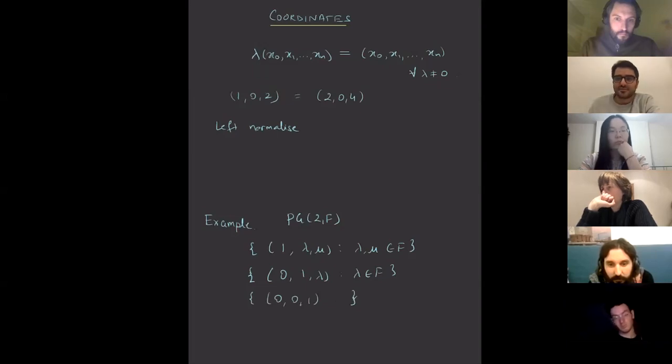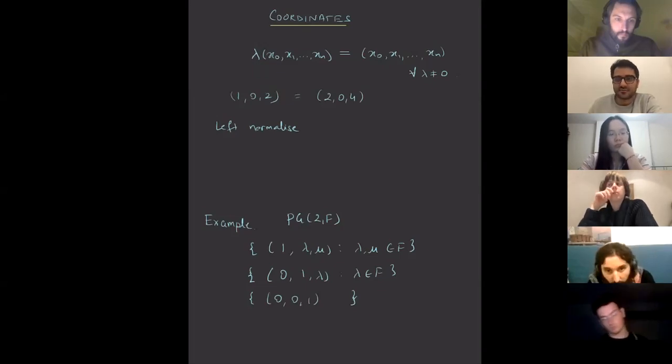Okay, so these are all the points of PG(2, F). F could be a finite field, and then you just write down all of these finitely many points as well.